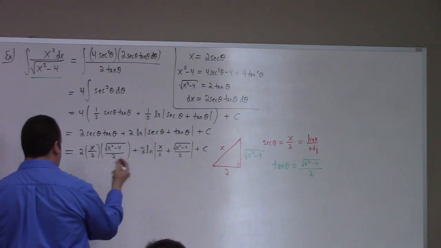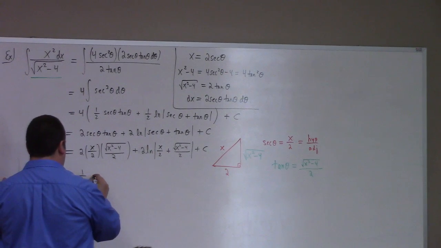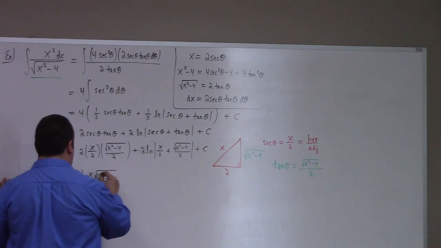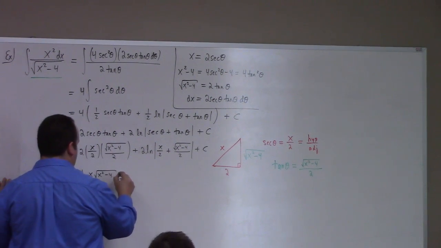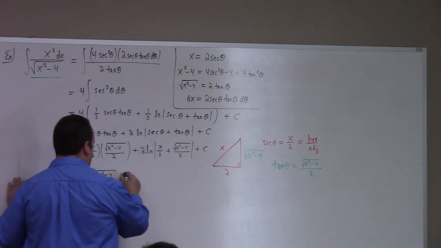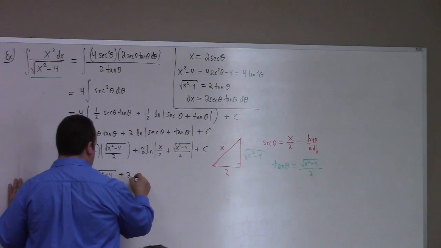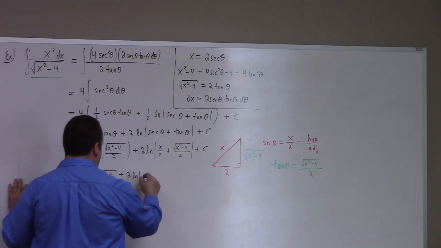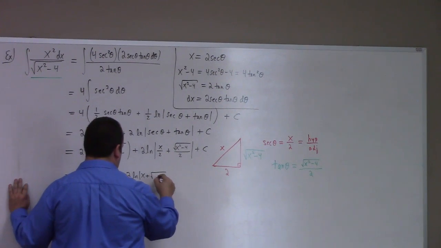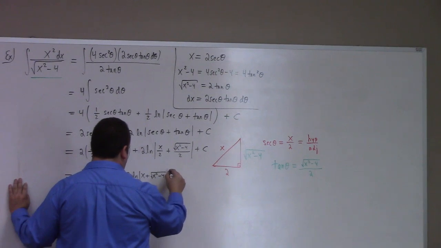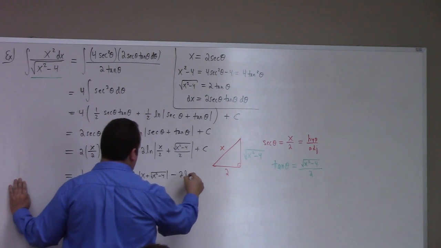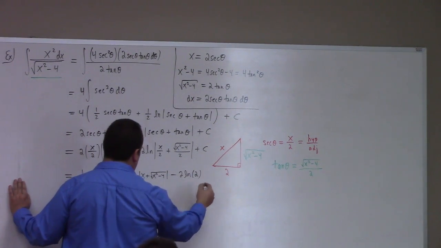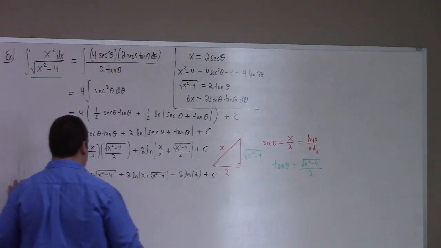I'll write another step here. So this is 1/2 x square root of x squared minus 4 plus twice the natural log of the absolute value of x plus the square root of x squared minus 4, minus 2 natural log of 2 plus a constant.